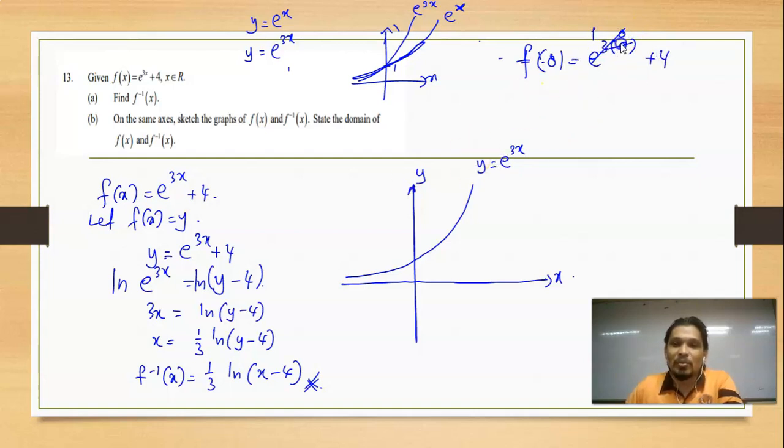So when x equals 0, y equals 1 plus 4 equals 5.